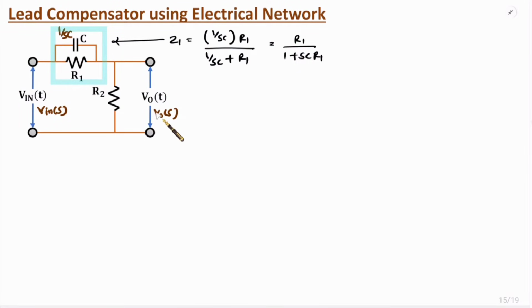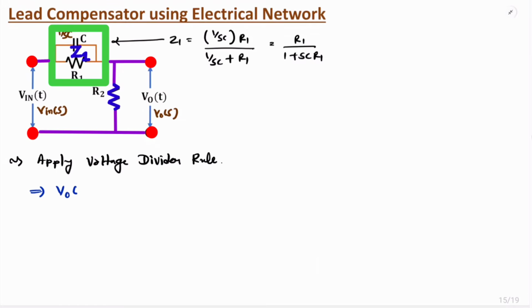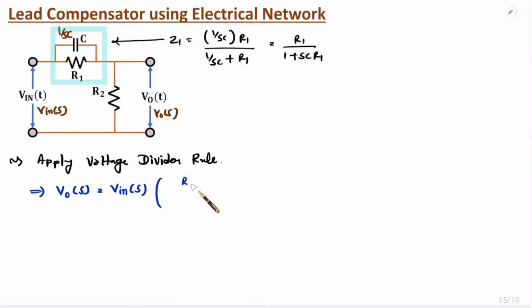Now to get the transfer function, we need to apply the voltage divider rule. If you apply the voltage divider rule, then the output voltage V naught of S will be the input voltage V in of S, and here we are measuring voltage across R2. So in the numerator we will have R2, and in the denominator we have this impedance plus this impedance.